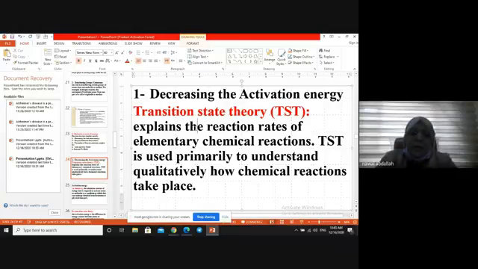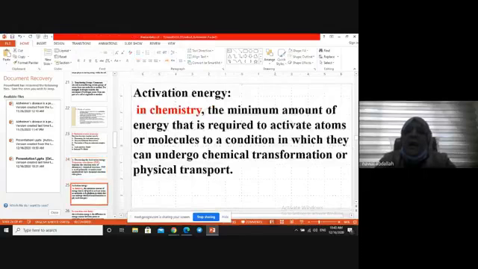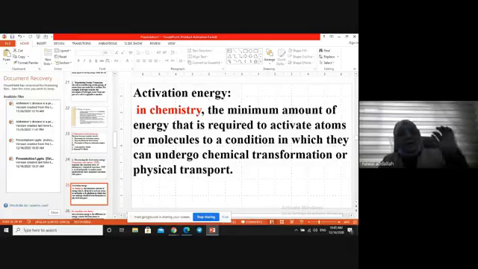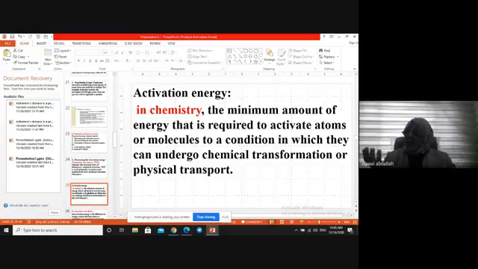The activation energy in chemistry can be defined as the minimum amount of energy, the smallest amount of energy, that is required to activate an atom. An atom is not active, it is inert.